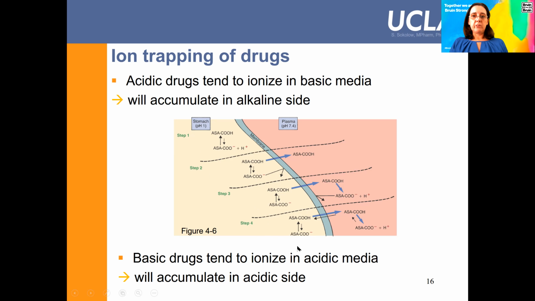But good news, as the drug goes down the GI tract and reaches the intestine, which is less acidic, I would say, I'm not going to say it's basic, it's less acidic, it's going to favor the dissociation there in the intestine, and then it's going to be absorbed. And also, as I said, you have a much wider surface area to be absorbed, so it's going to favor the absorption of a basic drug when it's lower in the GI tract.